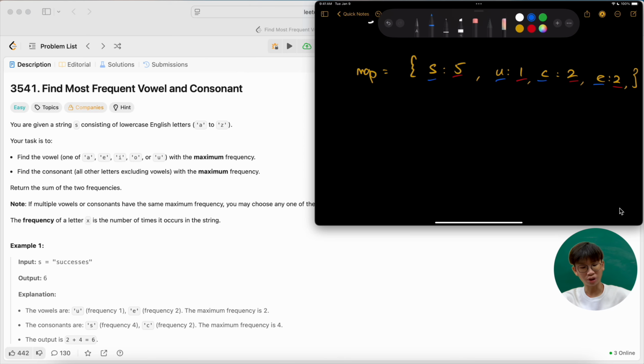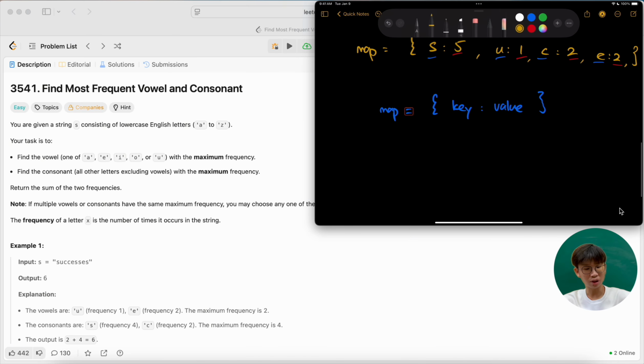So in conclusion, you can recognize the map format like this: the first place is the key, then after the comma is the value. In these questions, we will store the character inside the key, then the number of occurrences, or the frequency, we will store inside the value.